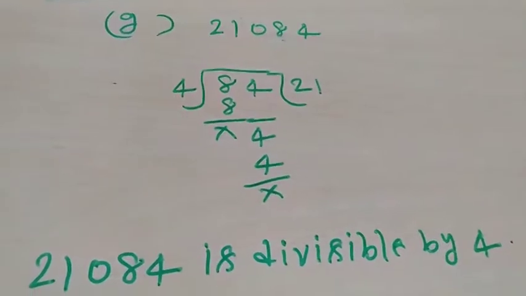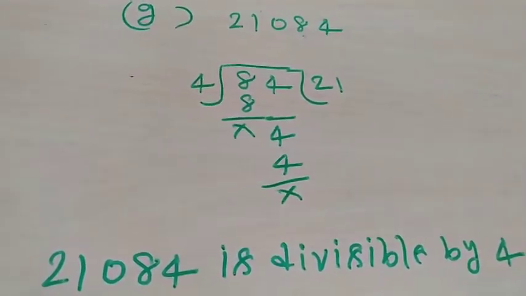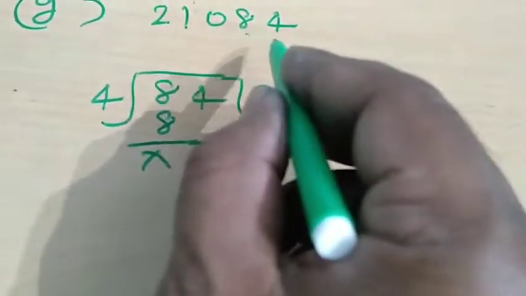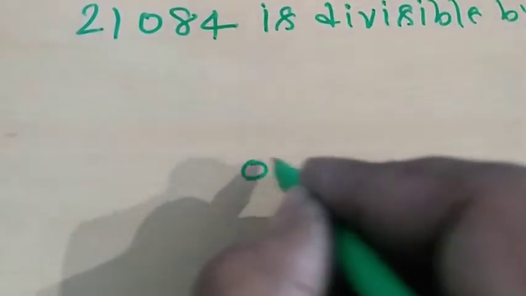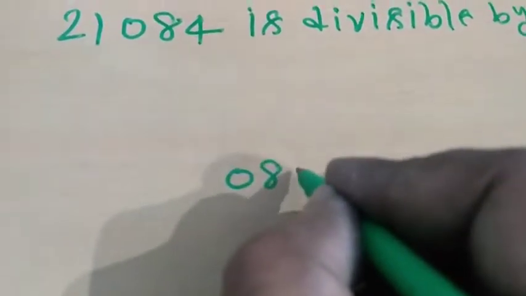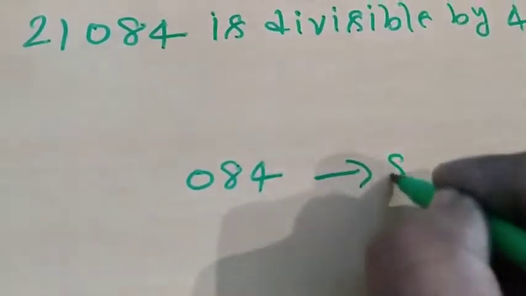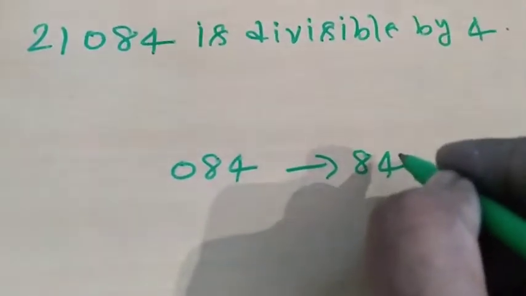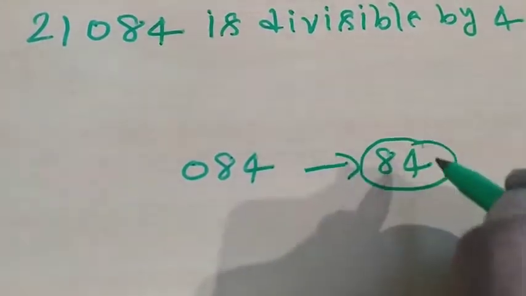Okay, now we are going to check divisibility by 8. For divisibility by 8 we check the last 3 digits. So the last 3 digits are 0, 8, 4. It means 84. So you can see here 84 is not divisible by 8.